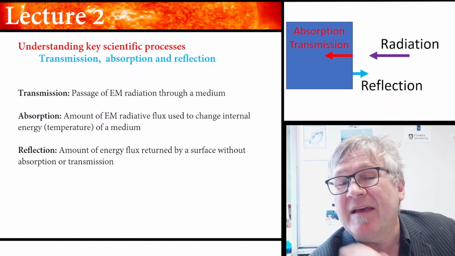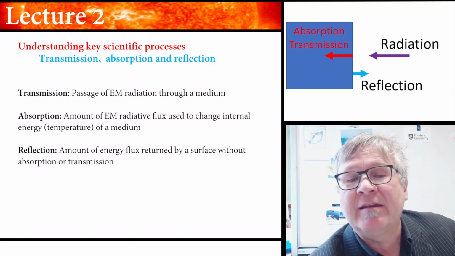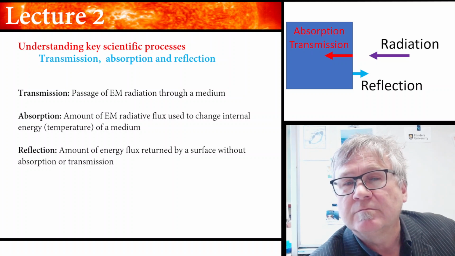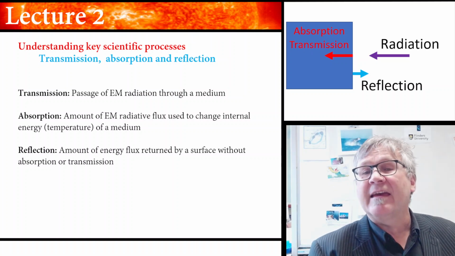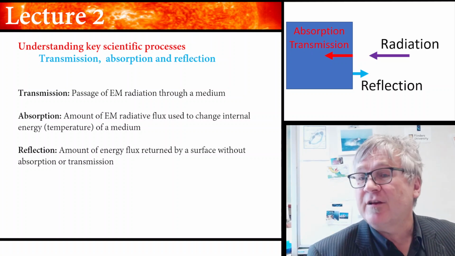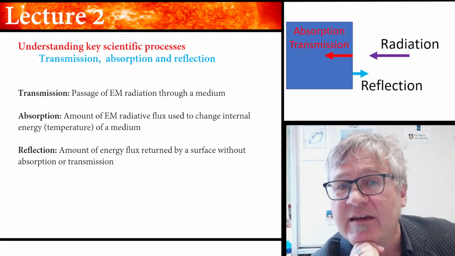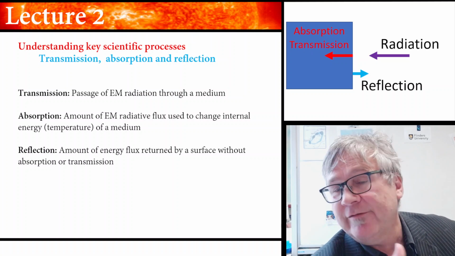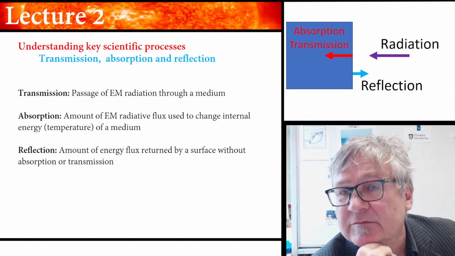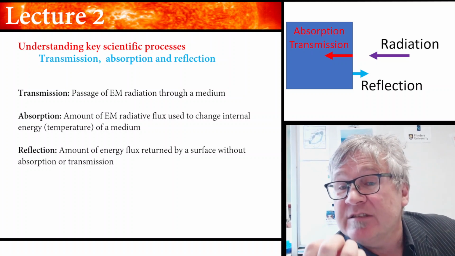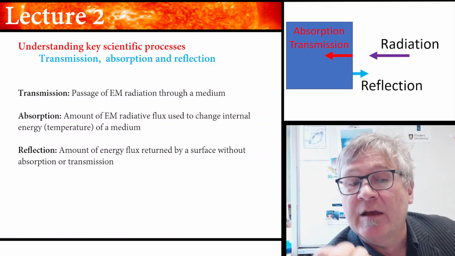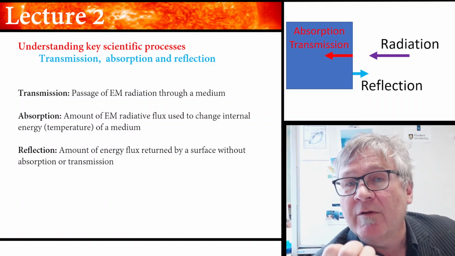Transmission means the passage of electromagnetic radiation through a medium. Like if you have a gas layer, then a fraction of the radiation coming in will be transmitted through this gas layer. And maybe all of it, or maybe part of that. The part that is not transmitted is either absorbed or reflected.